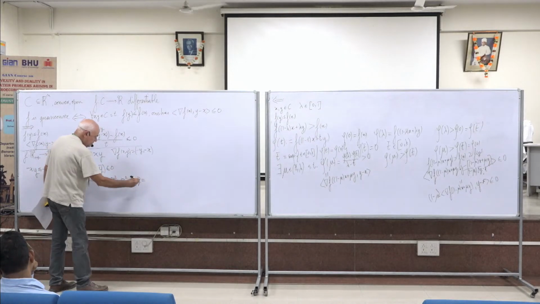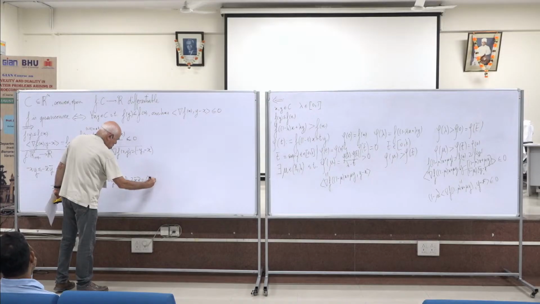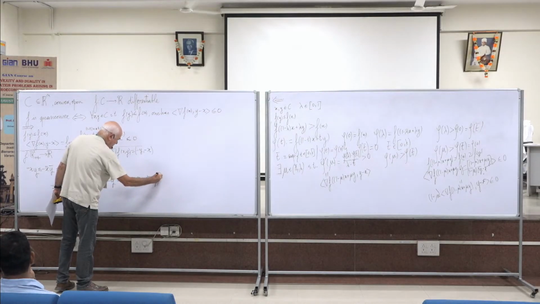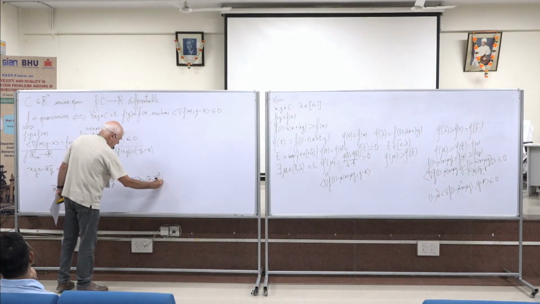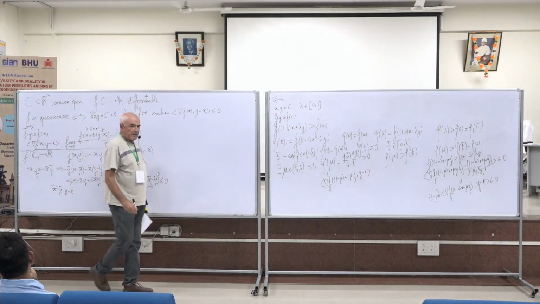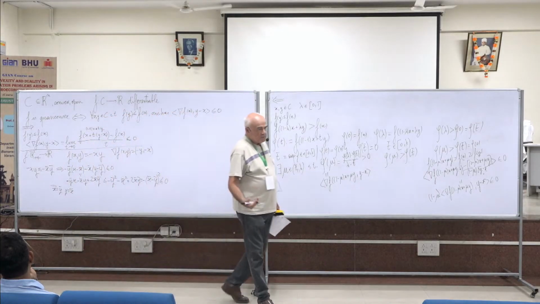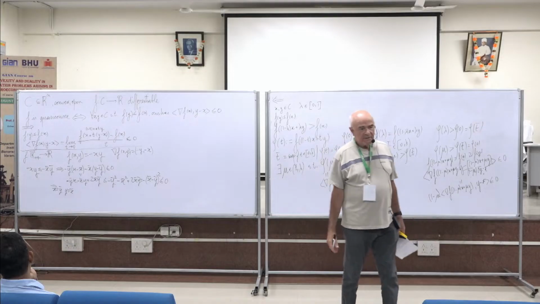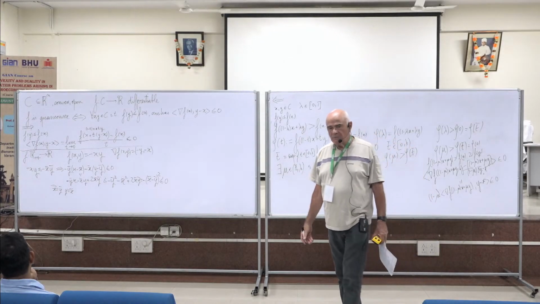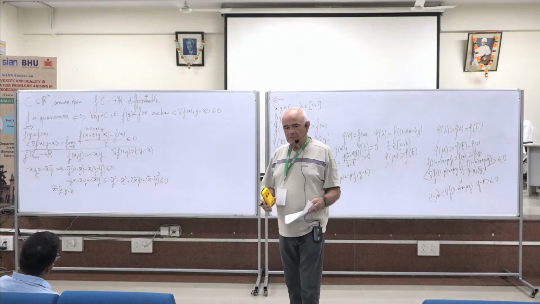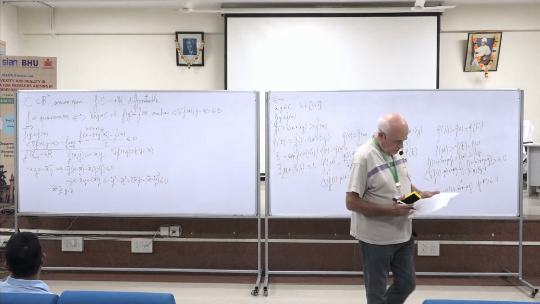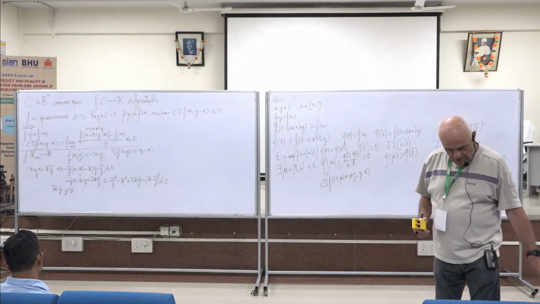And this is simply x bar minus y bar to the square with a minus sign. And so it is indeed negative. So we have checked again the quasiconvexity of this function using the first order characterization of quasiconvexity.